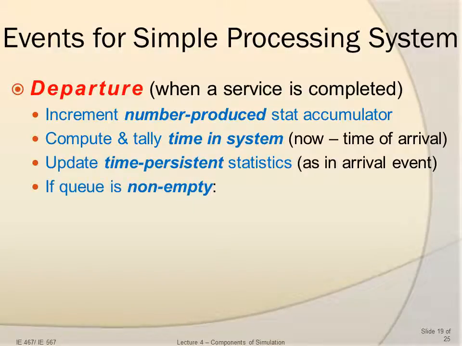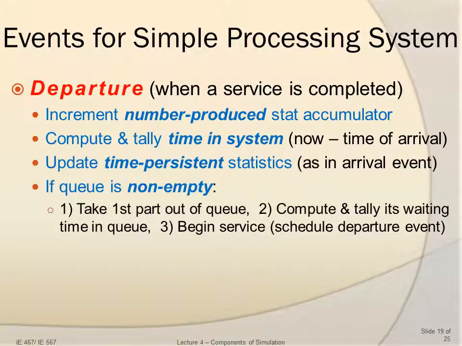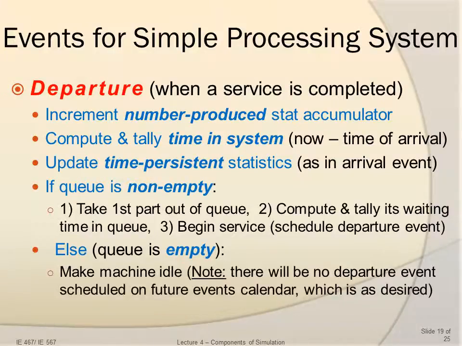If the queue is not empty, then we take the first part out of the queue, compute and tally its waiting time in the queue, and begin service, or schedule a departure event. Otherwise, if the queue is empty, we make the machine idle. It's important to know that there will be no departure event scheduled in the future events calendar, which is as desired.